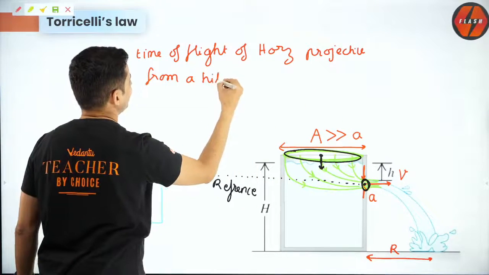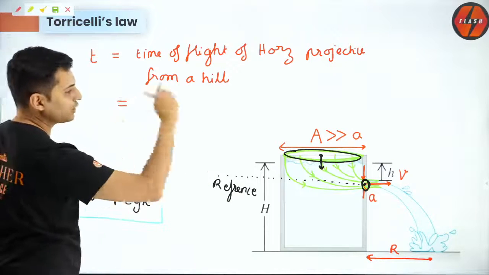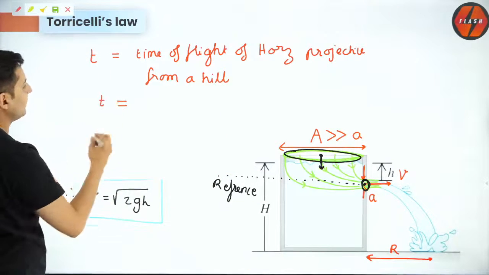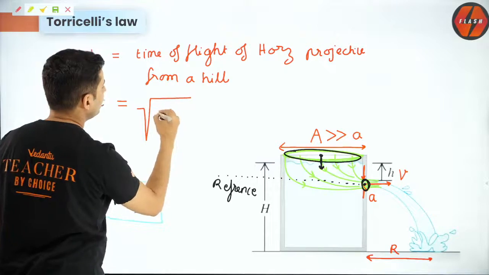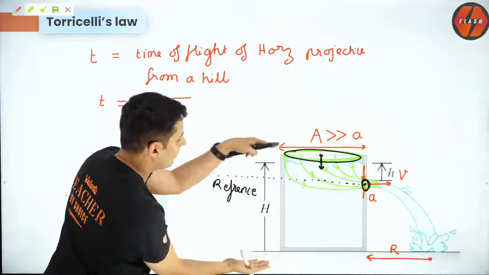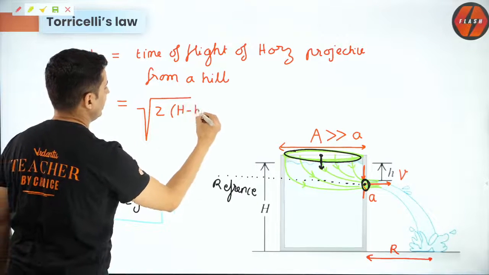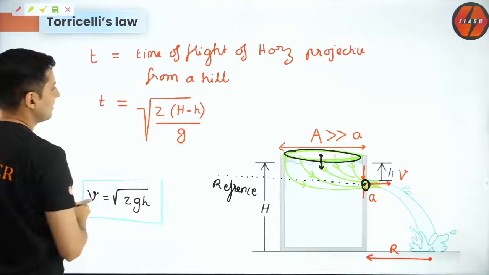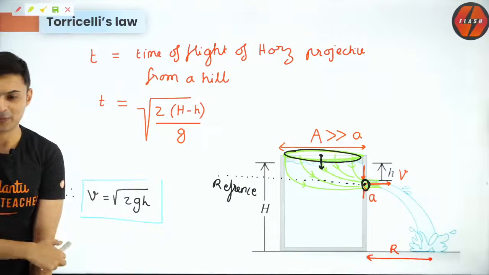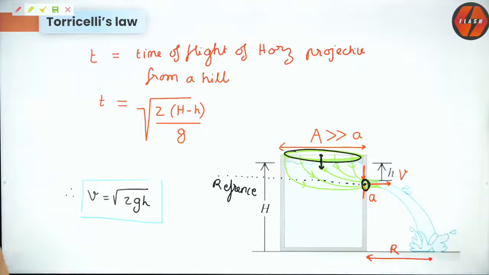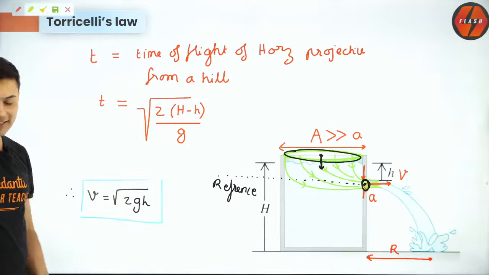So from a hill, if you throw something, how much time does it take to fall down? That's exactly the same time. So this time will be root of 2 into the height, which will be capital H minus small h, so be careful about that, divided by g. So that's the time for which it falls down. Yes, kinematics is everywhere. Yes, it looks very similar.